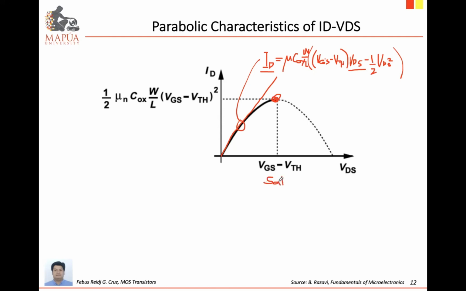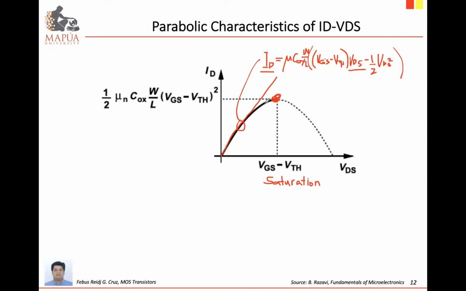The saturation point is when the VDS becomes equal to the difference of VGS minus the VTH. So when the VDS is equal to VGS minus VTH, the transistor will reach the saturation point.